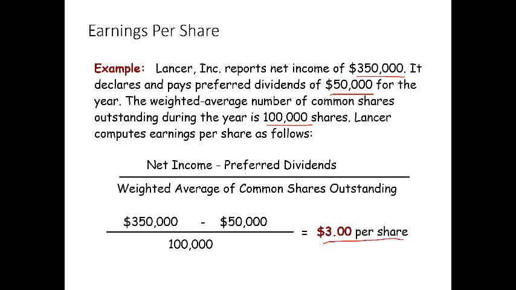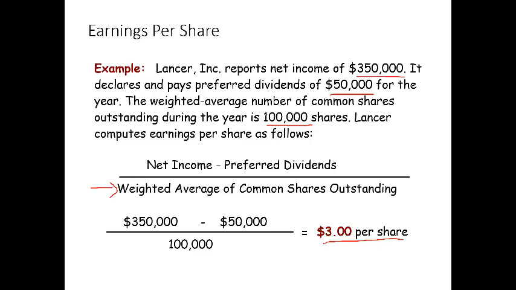So that's the extent of what we're going to do with earnings per share. Later on in this class, actually I believe it's in Intermediate 2, you'll talk about this in a lot of detail. Earnings per share is not always this easy. Sometimes you have stock options and things like that that can affect the denominator, the weighted average common shares outstanding.